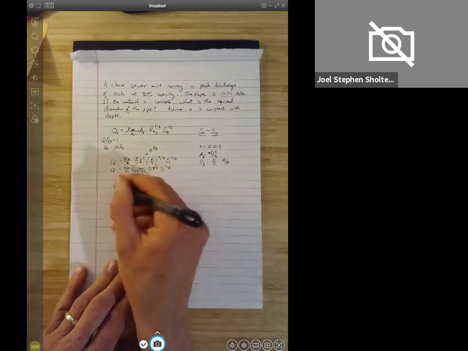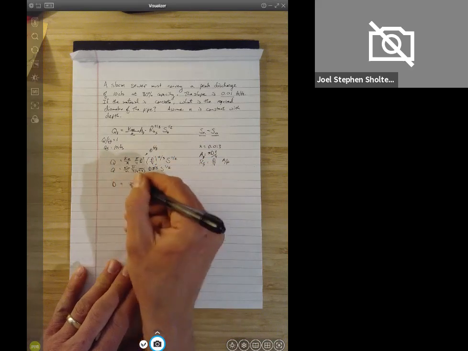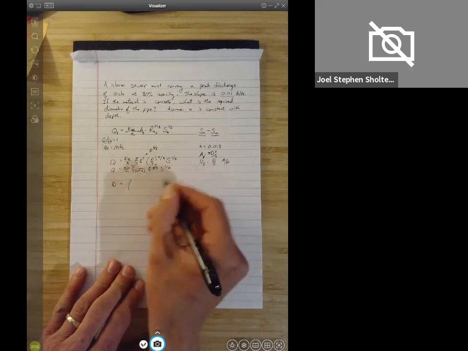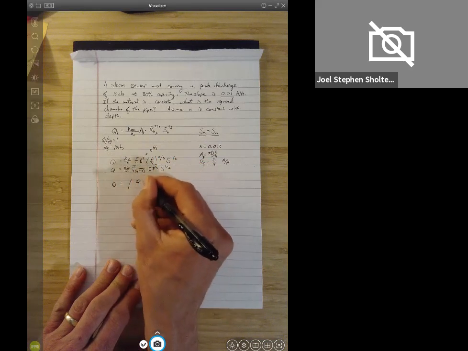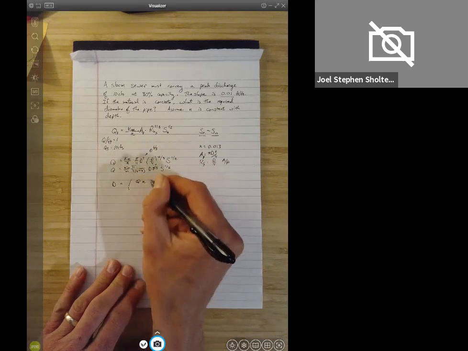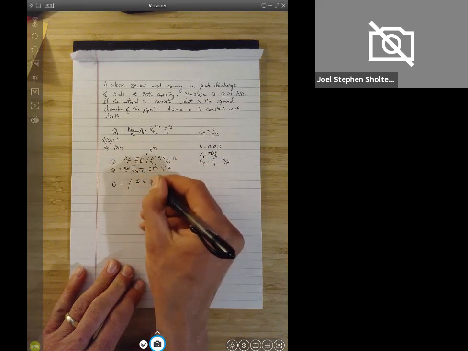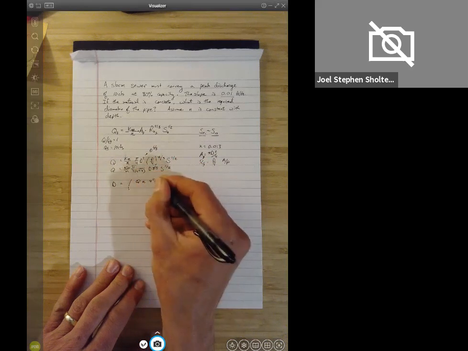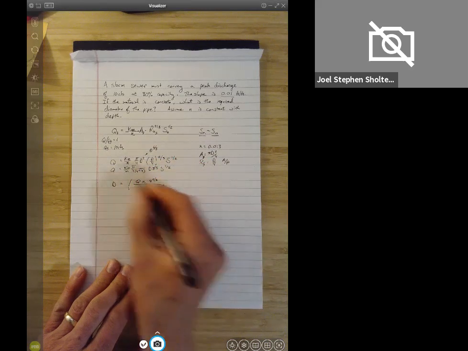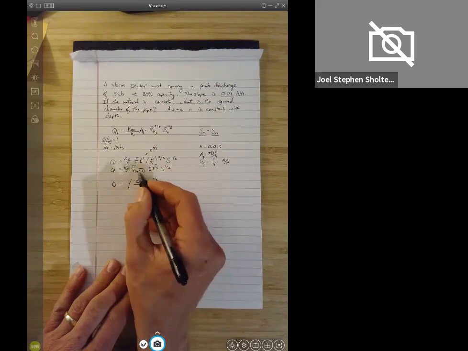So d ends up equaling Q on top, and we'll have 4 to the, this would be 3/3, so that'll be 4 to the 5/3. That's 4 to the 3/3, and then 4 to the 2/3.